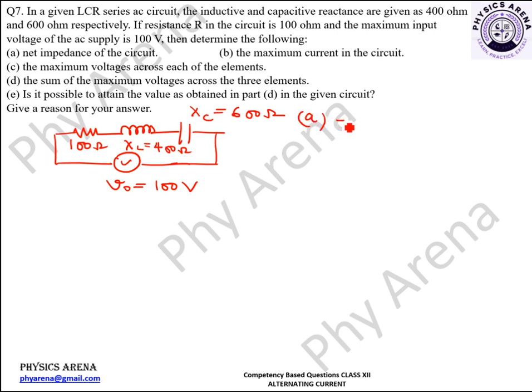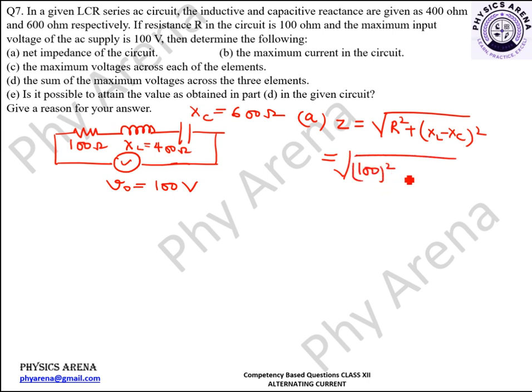So net impedance Z is equal to under root of R square plus XL minus XC whole square. We can directly put the values, no need to compute XL and XC, they are already given to us. So that is equal to 100 square, the value of R, plus XL, 400, minus XC, 600, whole square.